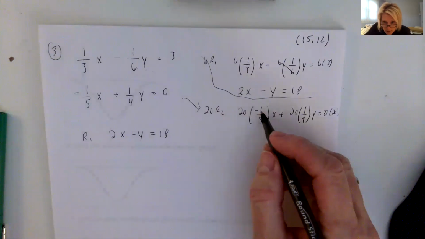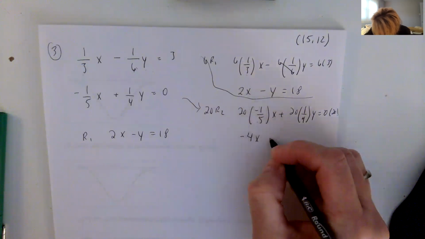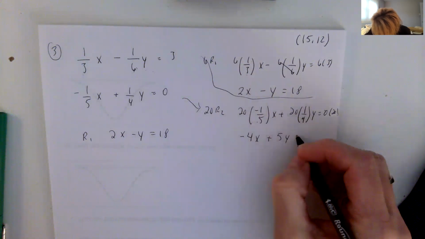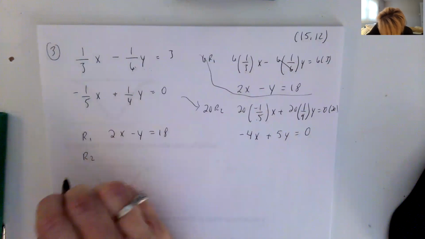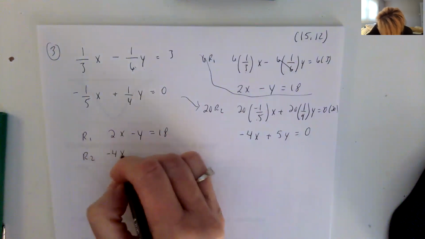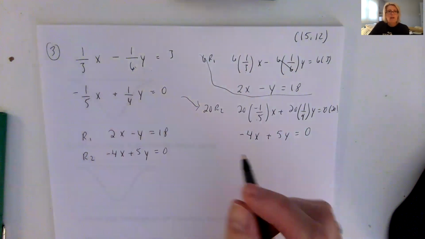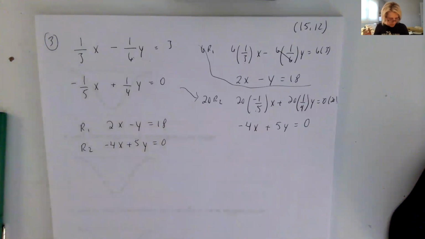So 20 times a negative 1/5 becomes a negative 4x plus 20 times 1/4 is a 5y equals 0 times 20 is still 0. So row 2 is really a negative 4x plus 5y equals 0. So eliminating your fractions makes it much easier from the beginning.